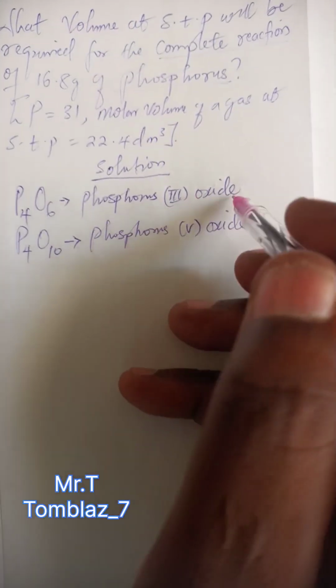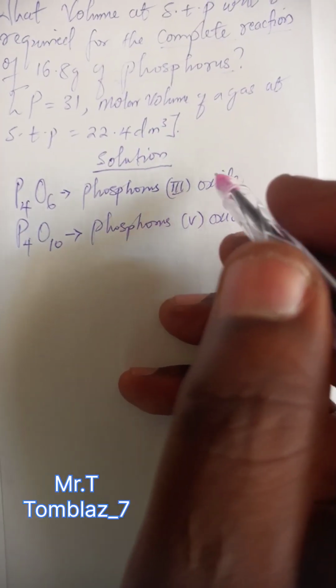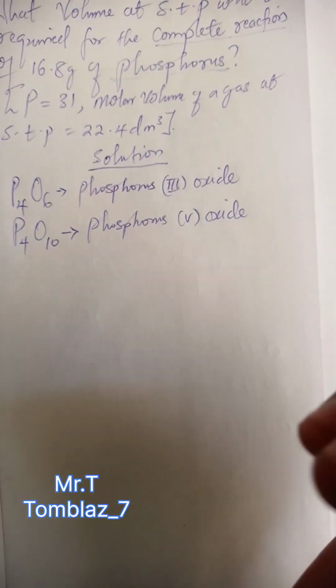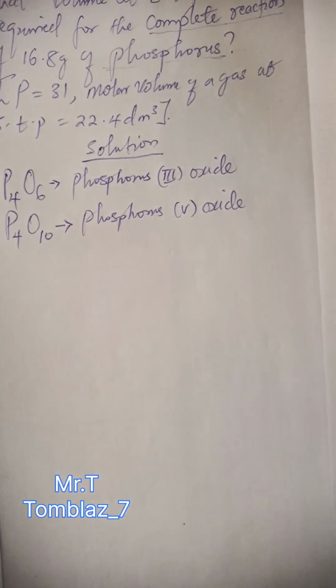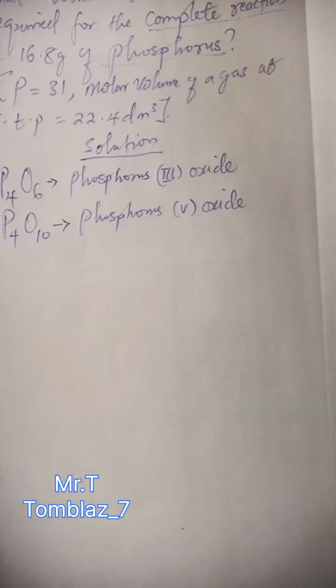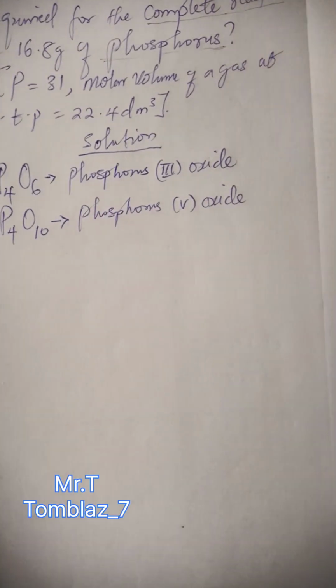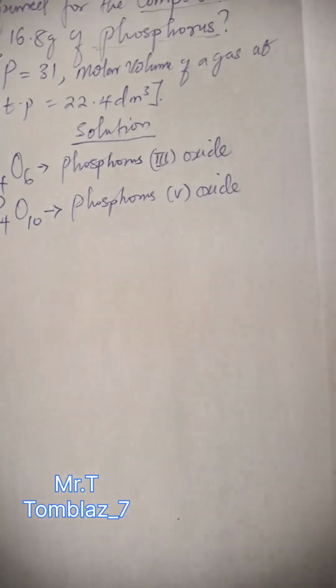Listen carefully. This phosphorus 3 oxide is formed when phosphorus is burned in a limited supply of oxygen. So if you have limited supply of oxygen, it produces phosphorus 3 oxide.